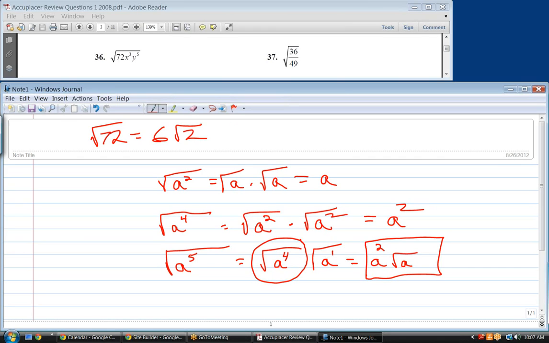And the square root of x cubed becomes? Is it x squared times x? It's x times the square root of x. In other words, we're going to pull out 2 of these to make the x.